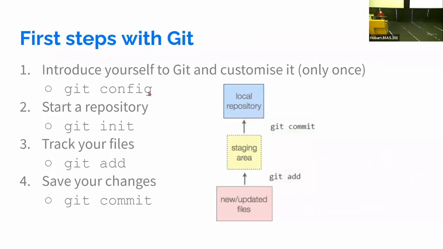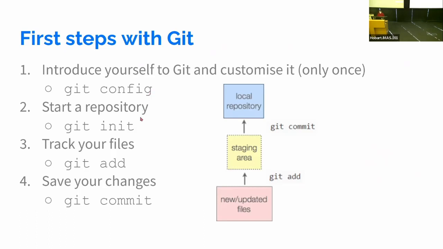We only do this once on our computer. If it's our own personal computer, no one else uses it, and we always want to use the same username and password, we can use git config global. That means it will be applied all the time. Or we use git config with our username and password for that session only, or that repository only.